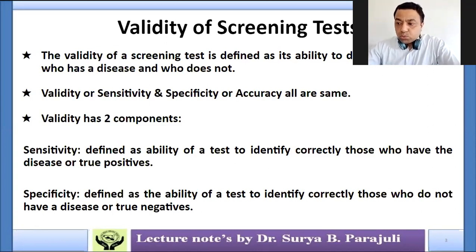Those who have the disease and are exactly identified by this applied screening test or RDT kit for COVID-19, this is called sensitivity, or true positive. And the ability of the test to identify correctly those who do not have the disease is true negative. So there are two terms. True positive is sensitivity. True negative means specificity. Please recall once: true positive, sensitivity; true negative, specificity.